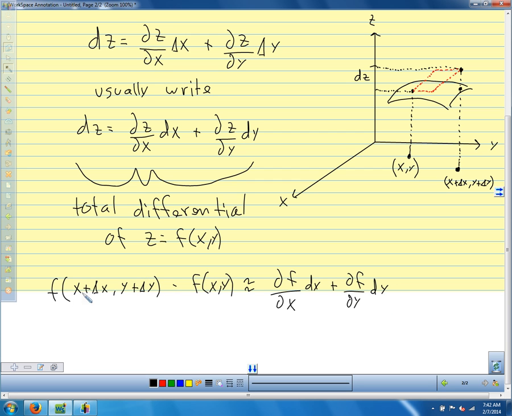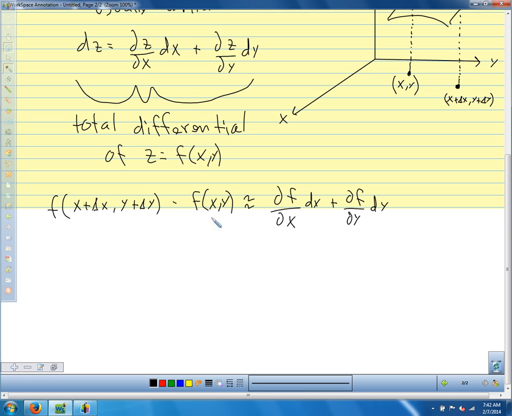If we add f(x, y) to both sides, we can say that our function value at (x plus delta x, y plus delta y) is approximately equal to our function value at (x, y) plus the total differential.